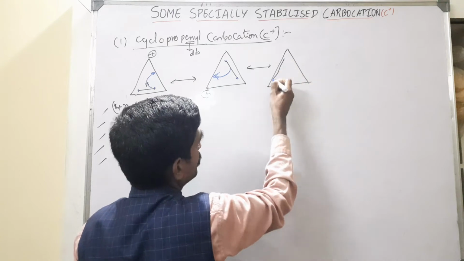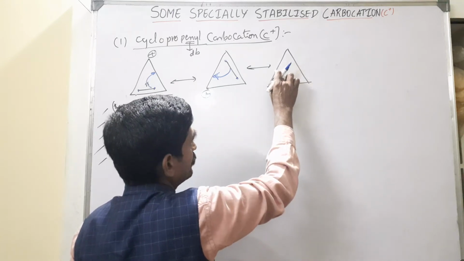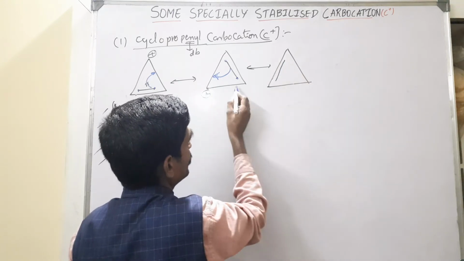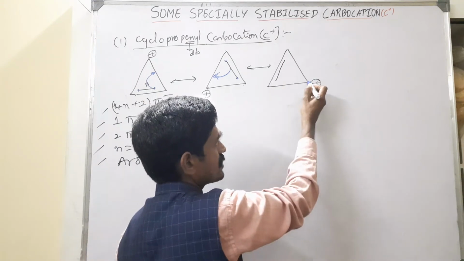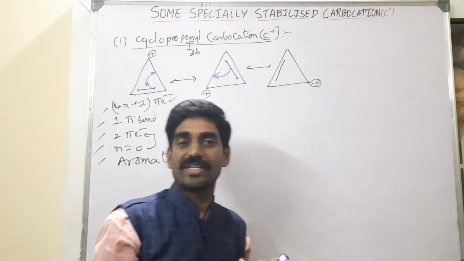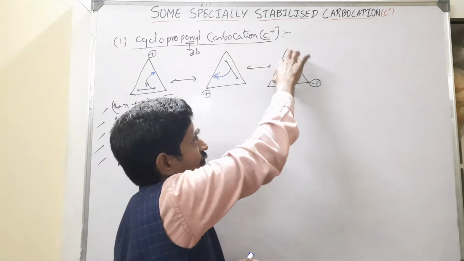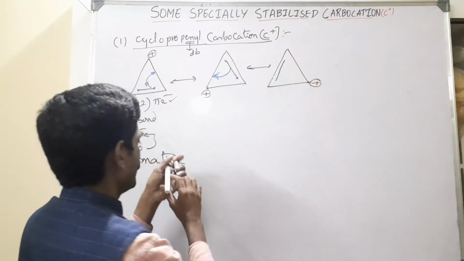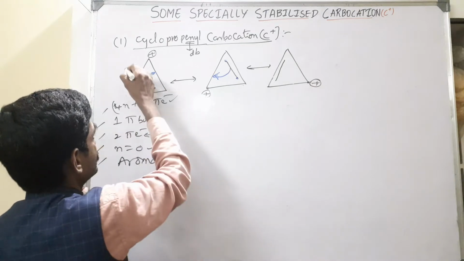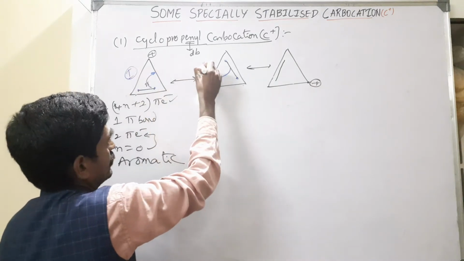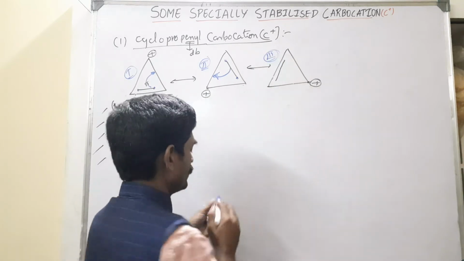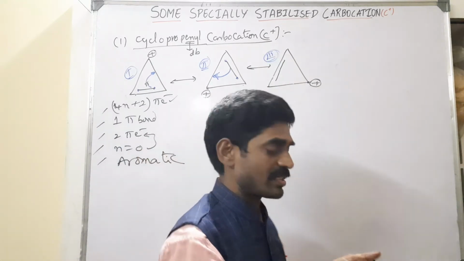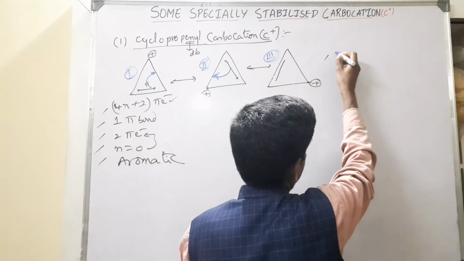So here a double bond, and if the double bond is there, then this carbon gets positive charge. This carbocation is unstable. Then these 2 electrons migrate from here to here, then we get structure 1. That means here you are getting totally 3 resonance structures, 1, 2, and 3.